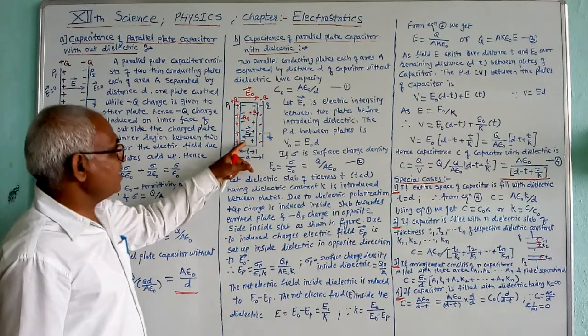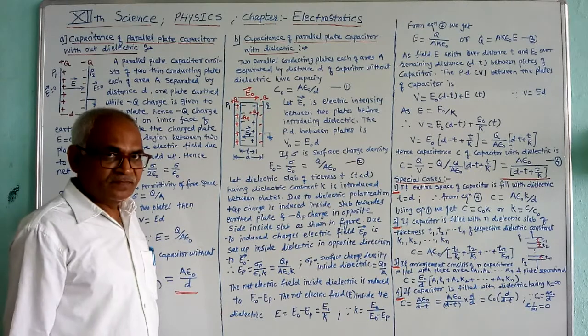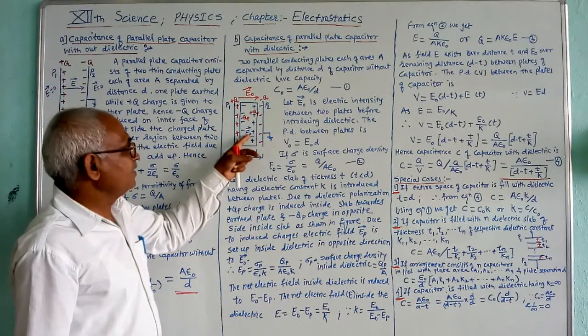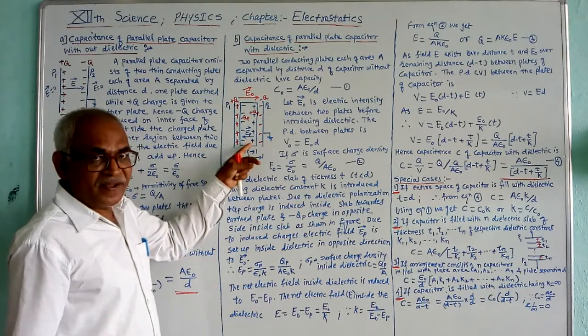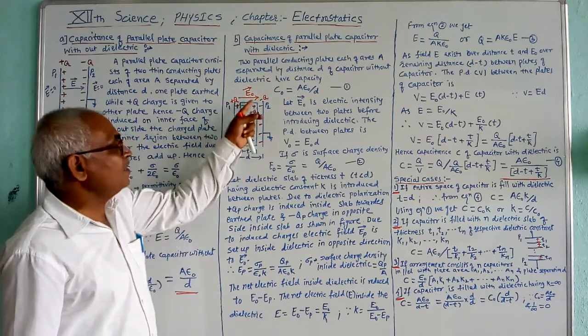Due to this polarization of the charges inside the dielectric, an electric field of intensity EP is set up, which is in the opposite direction to that of E0.